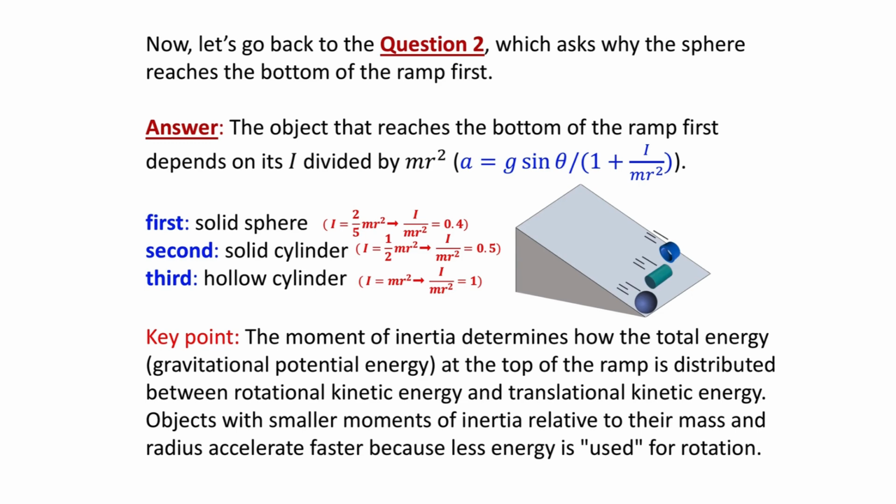So to summarize our calculation, we should say that the moment of inertia determines how the total energy, here gravitational potential energy at the top of the ramp, is distributed between rotational kinetic energy and translational kinetic energy. So objects with a smaller moment of inertia relative to their mass and radius accelerate faster because less energy is used for rotation.